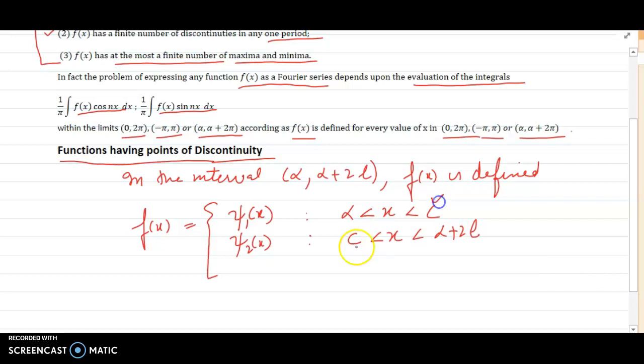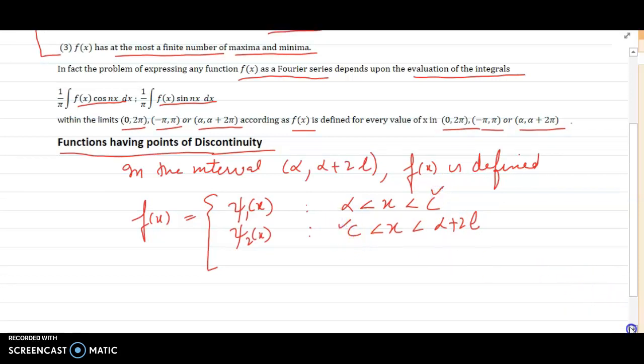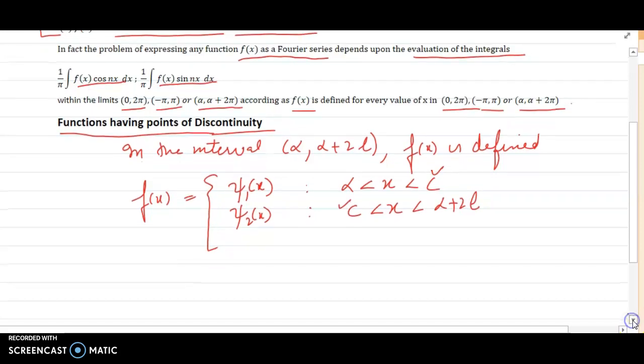See here, c is the point of discontinuity.